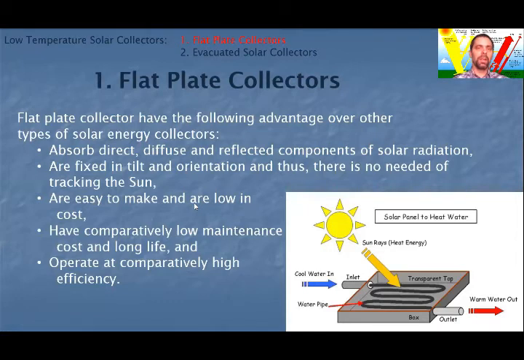The flat plate collector is basically a heat exchanger which transfers the radiant energy of the incident sunlight to the heat of liquid or air. The term flat plate is slightly misleading in the sense that the surface may not be truly flat.